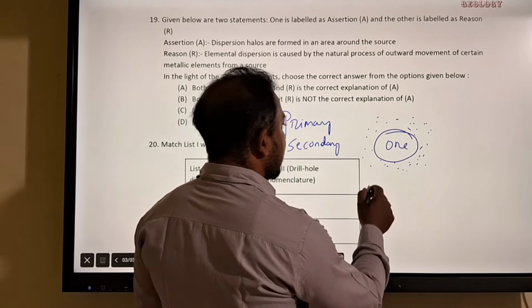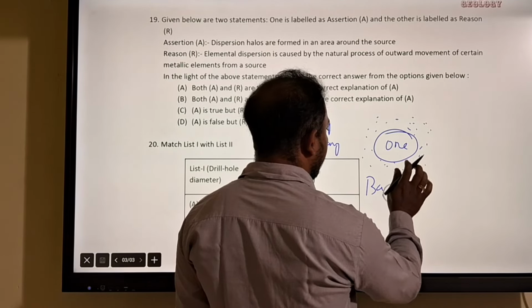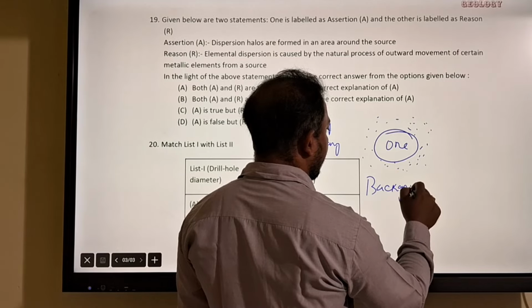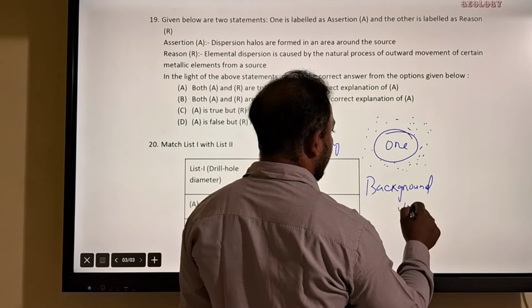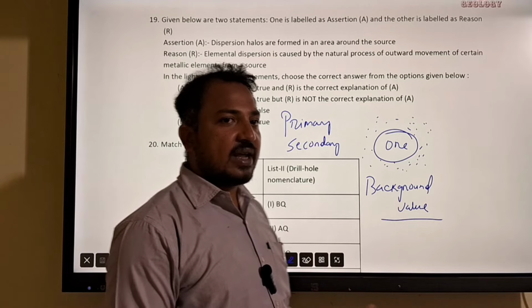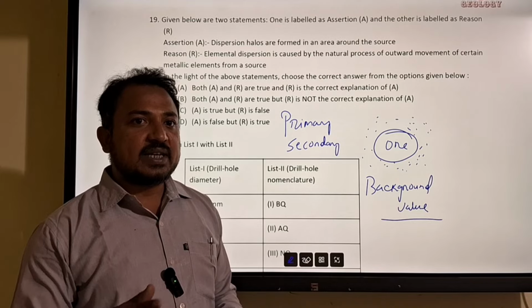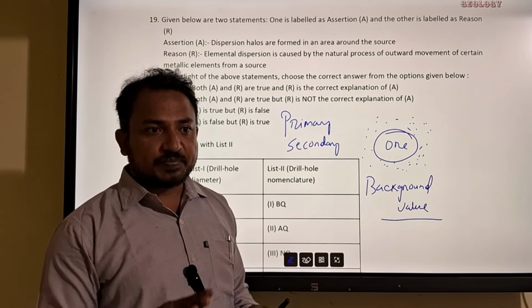We use one term, that is background value. We have studied the different percentages of elements in the crustal region. That percentage is considered as a background value.